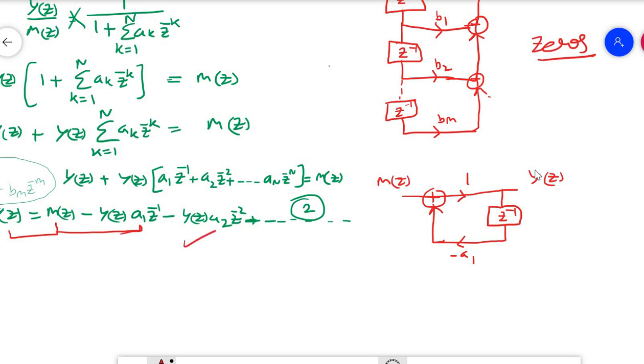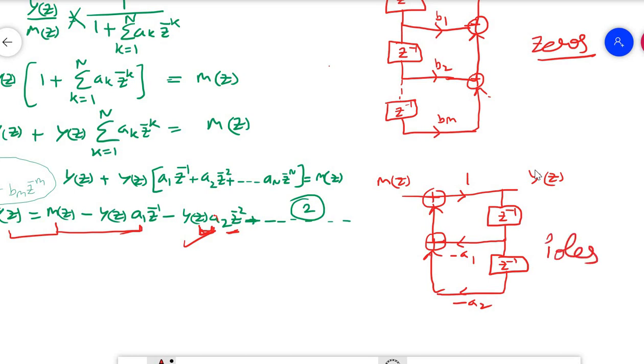Now after that, again one more z minus 1, this is my a2 and this one adder. This part is multiplied with Y(z), it means z minus 2 is multiplied with Y(z), so take z minus 1 this side, and this is on the left side, so this is my poles.